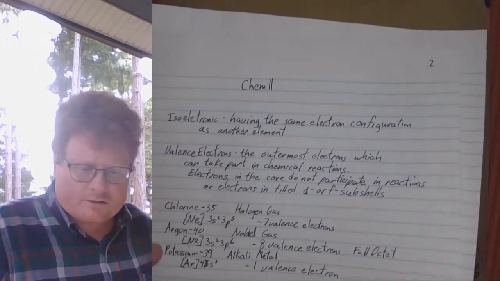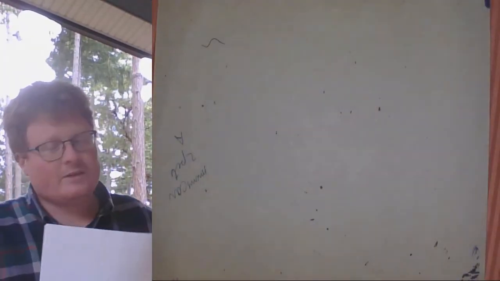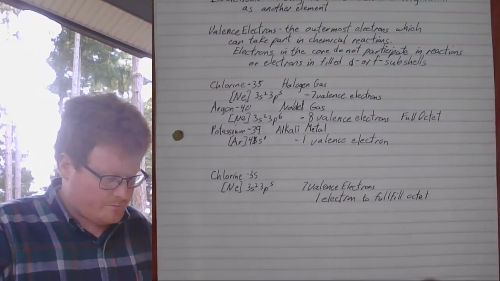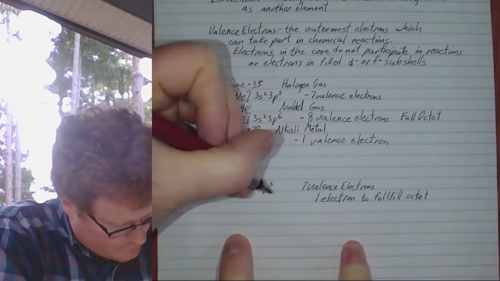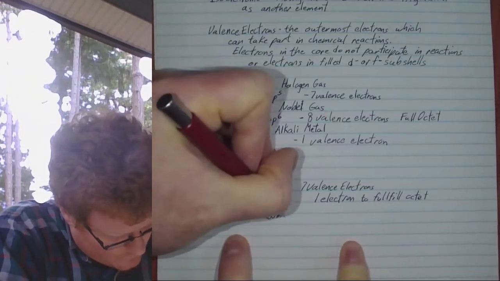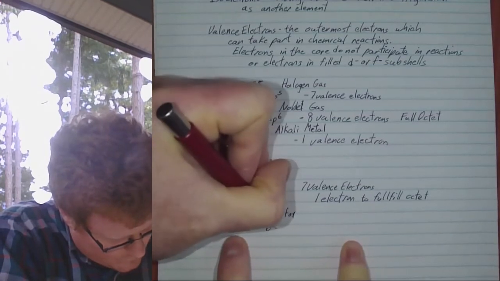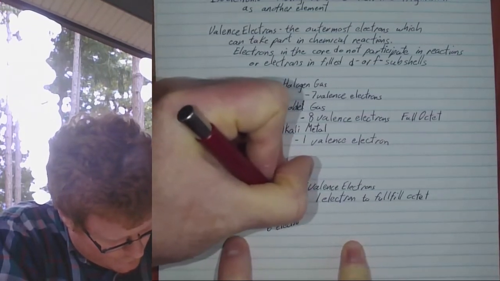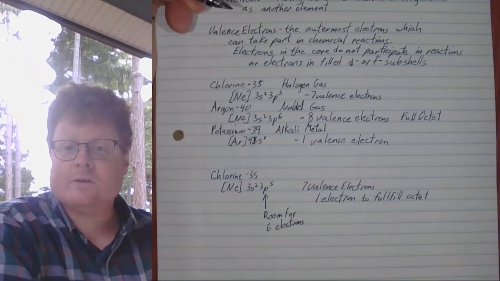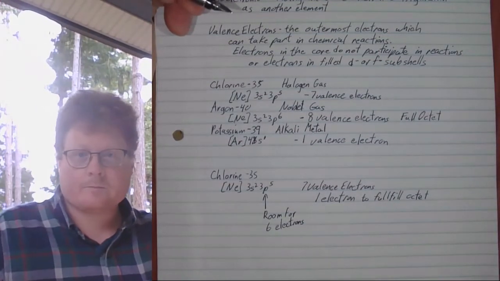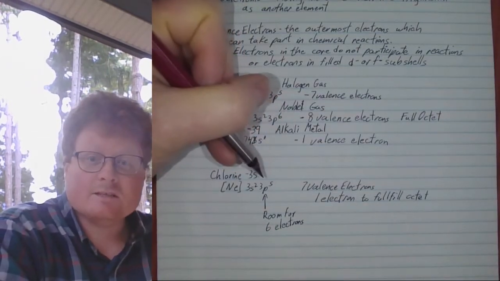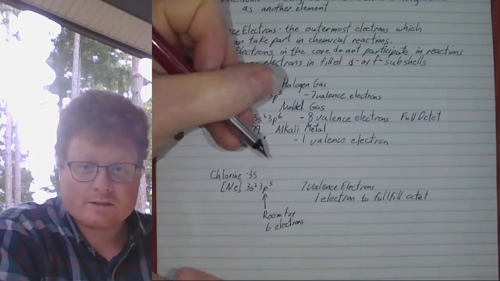If there's an available electron hanging about, do you think chlorine's going to want to take it? The p orbital can hold up to 6 electrons. So it's going to pick up an extra electron from somewhere. It's going to gain 1 electron.